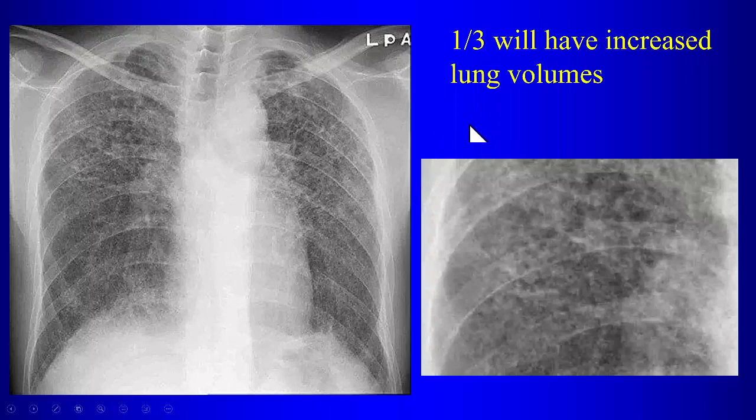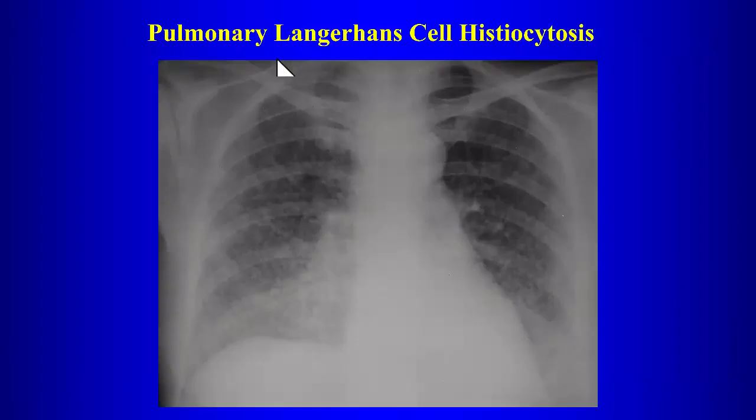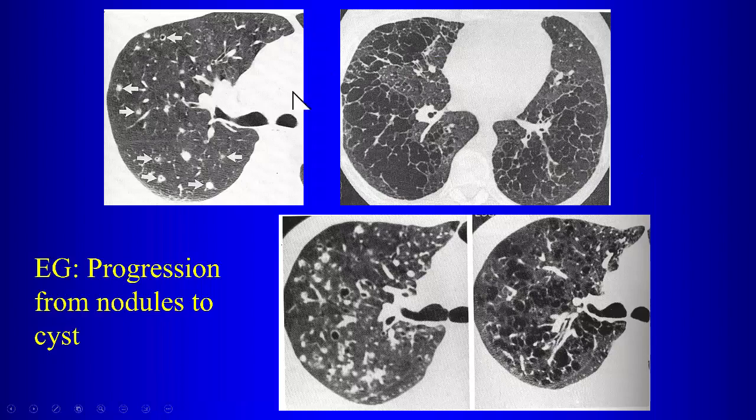LCH is associated with what activity? Cigarette smoking. Over 90% of these cases will be smokers. Okay? So it can be predominantly nodular, where you have a predominantly reticular nodular pattern there on the chest radiograph.